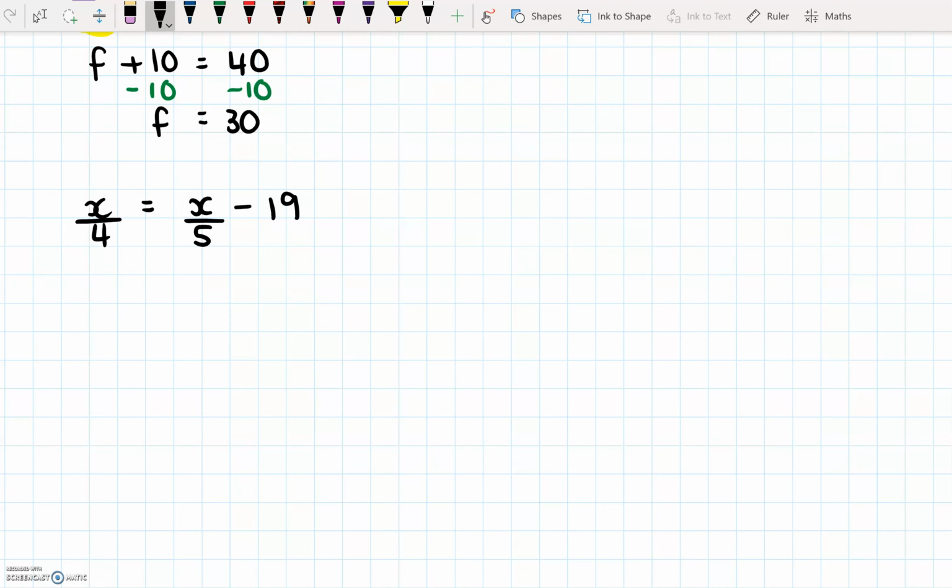And actually in this case we have two different fractions. So this does make it a little more complicated because you need to think about what we can multiply by. So what we need to look for is a number that can be divided by both 4 and 5.